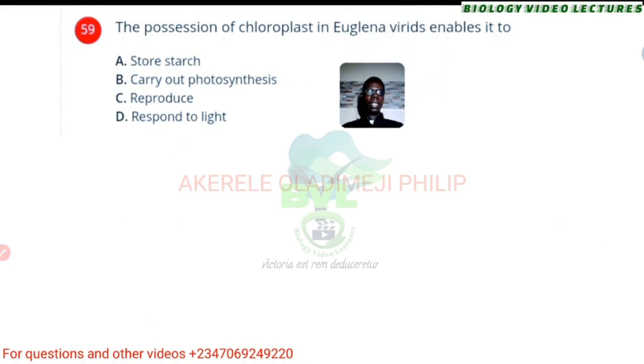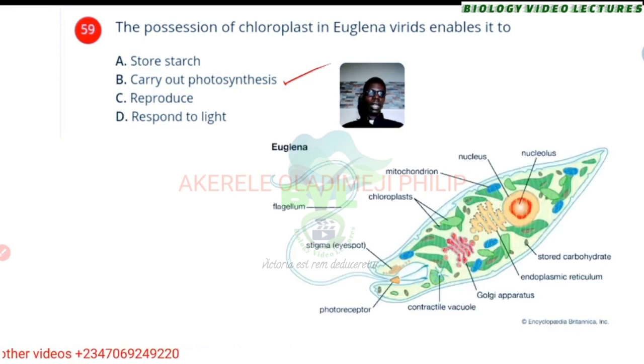Possession of chloroplast in Euglena viridis enables it to photosynthesize, which means carry out photosynthesis. Option B. Chloroplast is what they use to make food. Of course, chloroplast is used for photosynthesis any day, really. So that's Euglena there. So you can see the chloroplast. These are all those greenish substances, chloroplast. And don't forget that Euglena is an organism that has the ability to feed like an animal and also to make its own food.